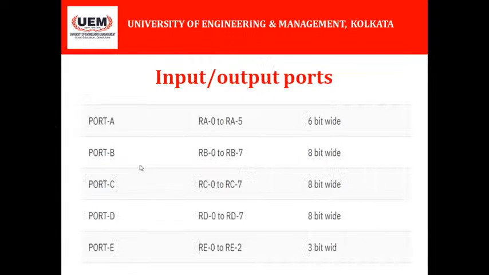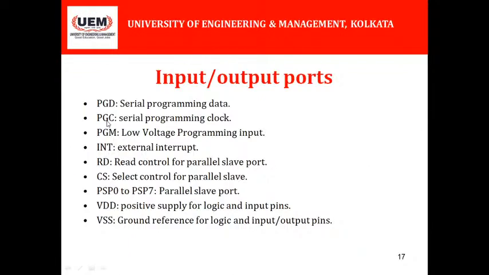We are observing all these pins in our pin diagram. INT is used as an external interrupt signal. RD is a control signal which is used to perform the read operation. CS is chip select. PSP0 to PSP7 are parallel slave ports.